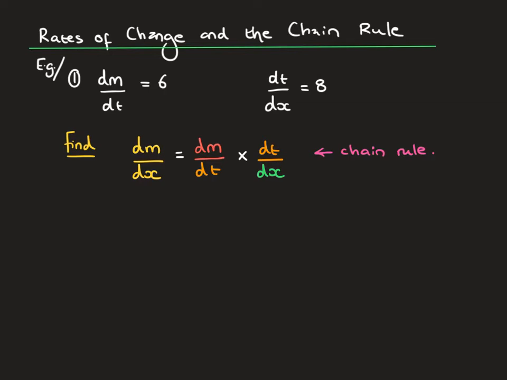Well, we know that dm by dt is equal to 6, and we know that dt by dx is equal to 8. So the answer is dm by dx is equal to 48. So there is an application of related rates of change using the chain rule.